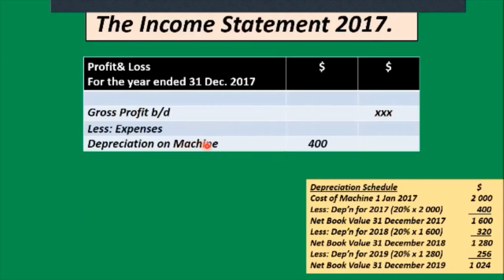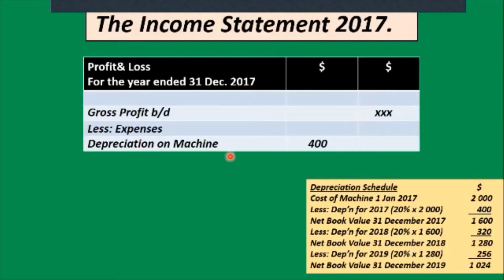One of our expenses would be depreciation on machine 400, the 400 that we calculated here. So that's how you record it in the profit and loss section here. Notice it's for 2017 only, not for the whole 3 years or more than 1 year. It's 1 year's charge of anything that would go in the income statement.